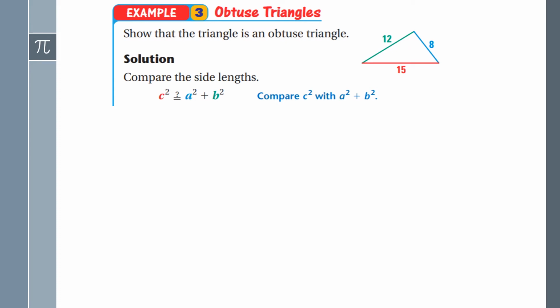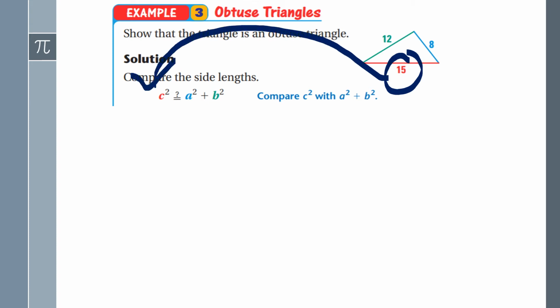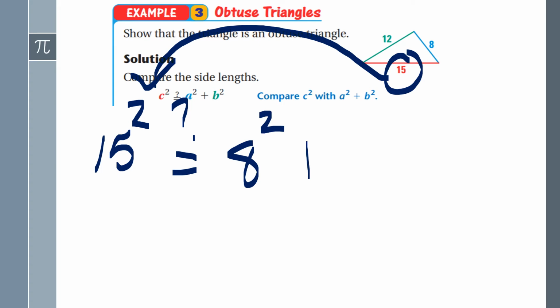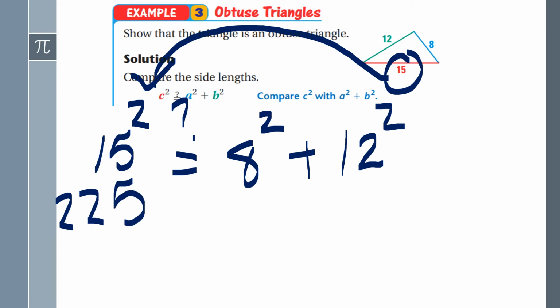Now let's do the same thing for this triangle with side lengths 8, 12, and 15. 15 is the longest side. So we're going to take 15, substitute it back in the place of C and square it. So that's 15 squared. Is it equal to a squared, which is 8, plus 12 squared? 15 squared is 225. 8 squared is 64, and 12 squared is 144.